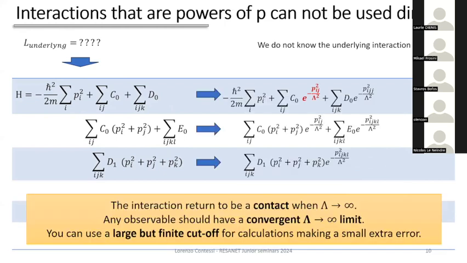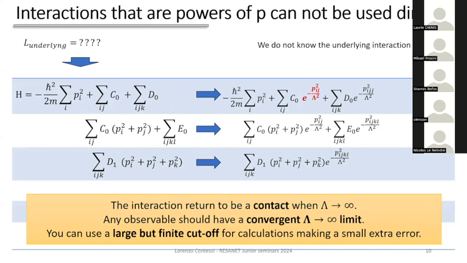What people do is that you transform those into something that is not really a contact. So instead of being just a delta, they become smeared. Those are smeared contact interactions. You can choose the form. Here I choose a Gaussian, but there are many other ways of doing that. In principle, you can also not use a cutoff regularization.